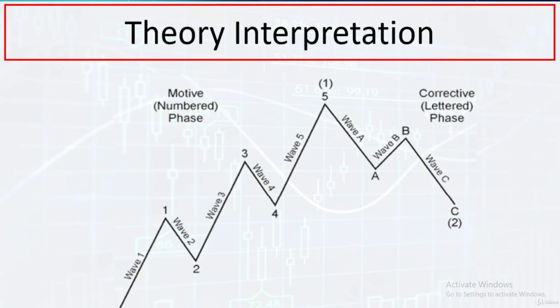As you see on your screen, there is a wave pattern in an uptrend, and we can easily see that the impulsive waves are counted as 1, 3 and 5, and all corrective waves are identified by 2, 4 and A, C. It means that with the help of this wave pattern we can easily identify the price movement.